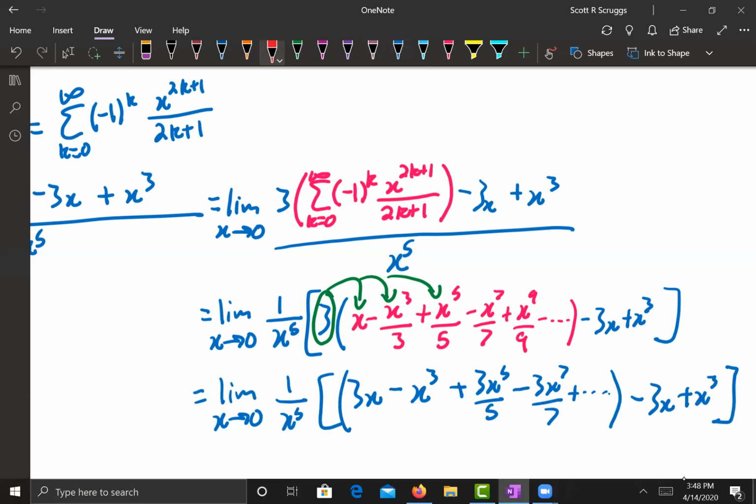Now some things get to die off. Got a plus 3x, a minus 3x. Those two are gone. I have an x cubed, a minus x cubed. Those two are gone.